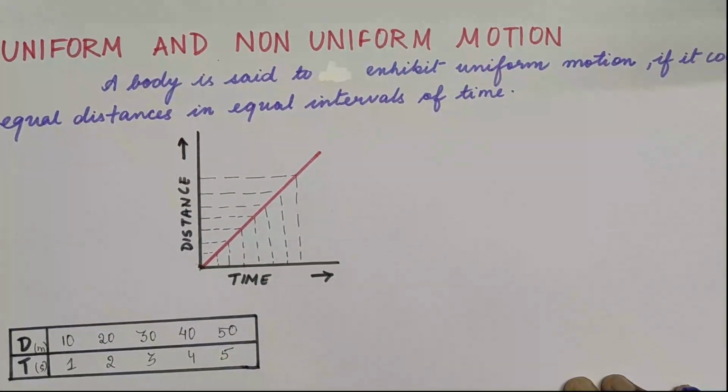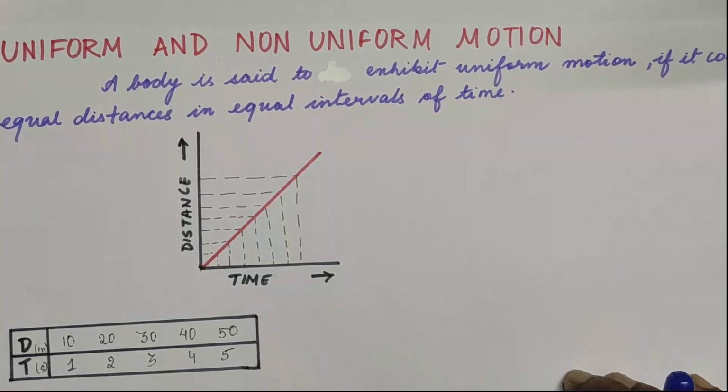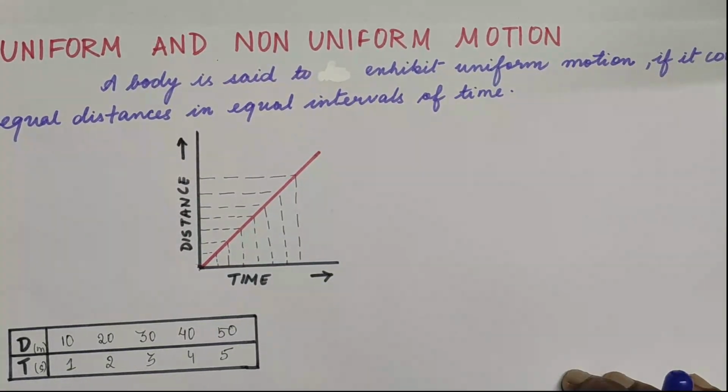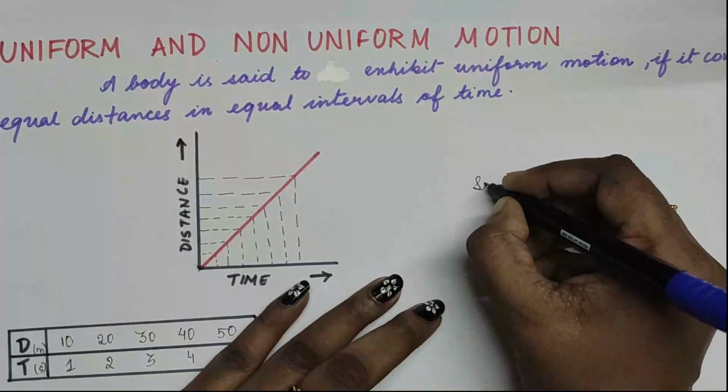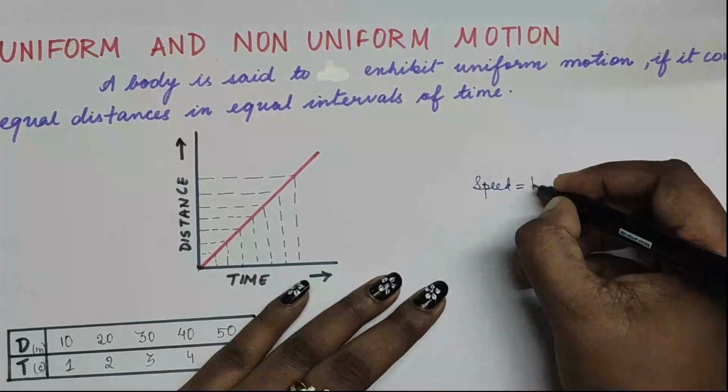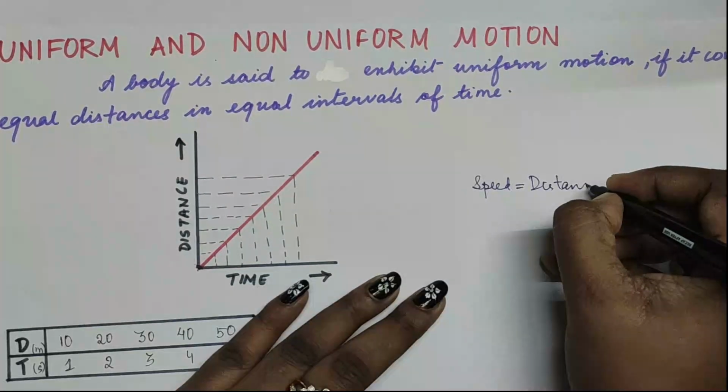Now when I talk about uniform and non-uniform motion, it depends upon factors like the distance travelled, the time taken and the direction of the motion. You all know by now that speed is calculated by the formula distance by time.